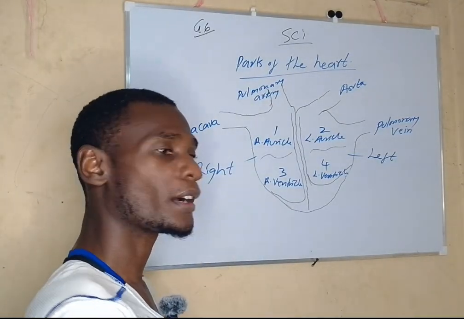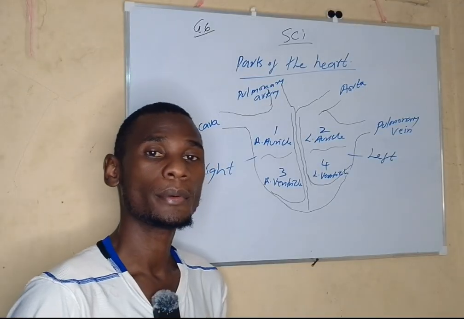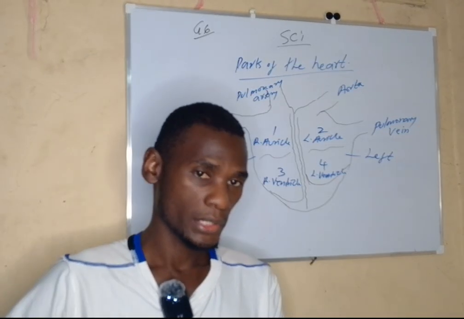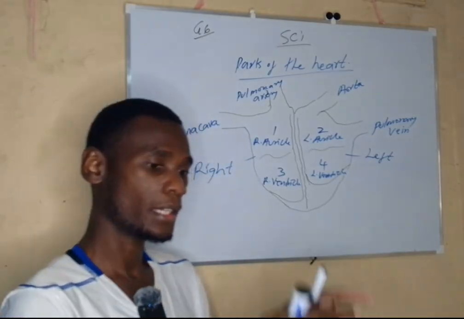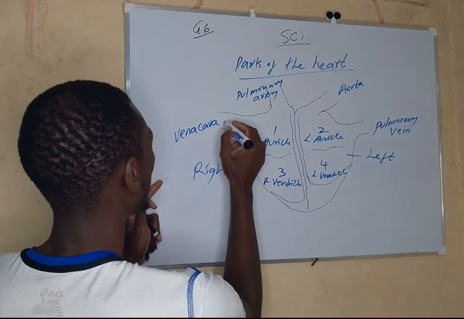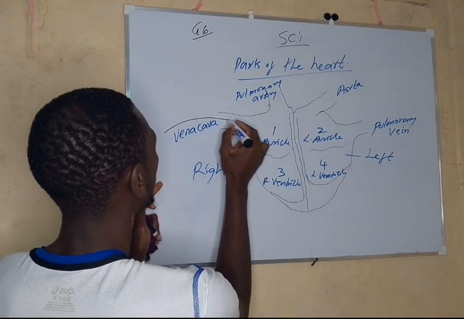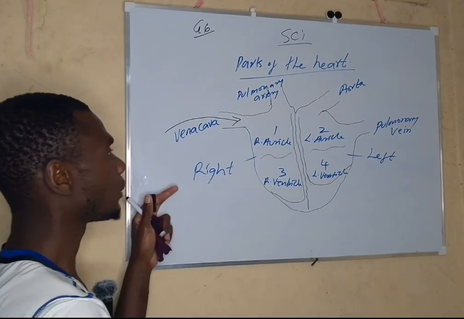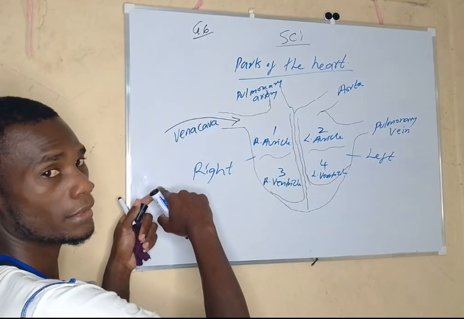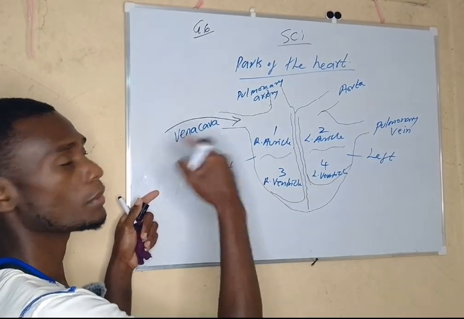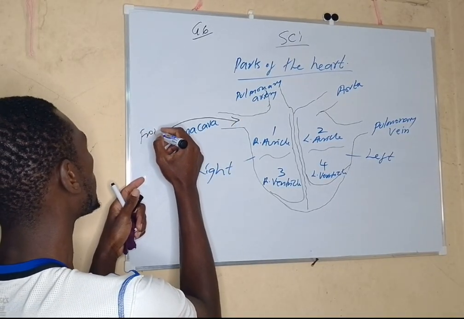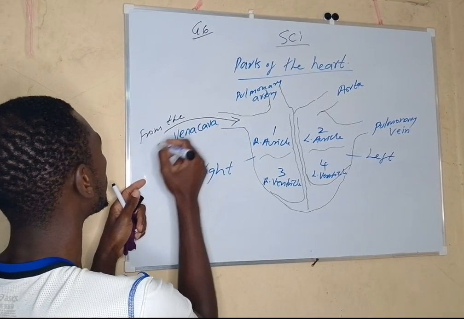Now, this vena cava is the pipe that the blood follows from the body coming into the heart. So you will draw an arrow like this. That arrow shows that this is blood that is coming from the body. Once you draw this arrow, you write it: from the body.